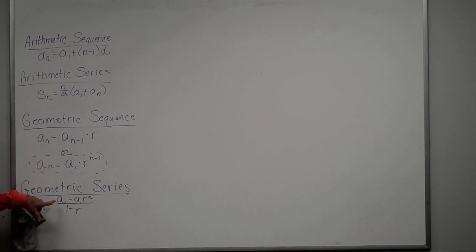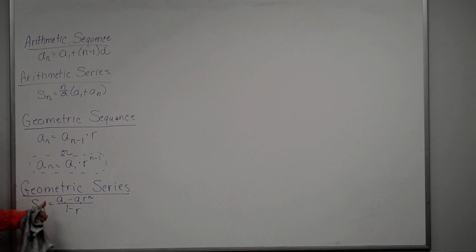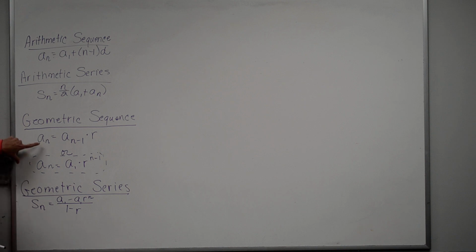So this is my first one: S sub n equals a sub 1 minus a sub 1 times r raised to the n power, over 1 minus r. So I'd have to know my a sub 1, my r, and obviously my n for which term. I don't have to know my final term.